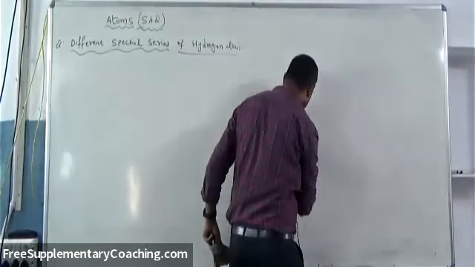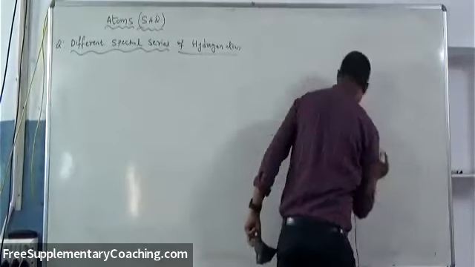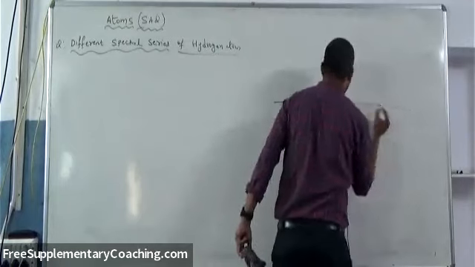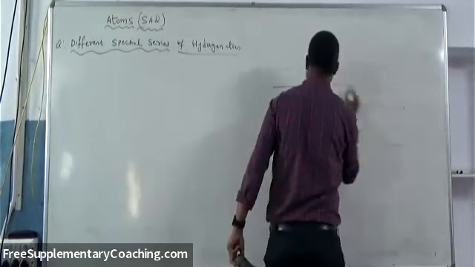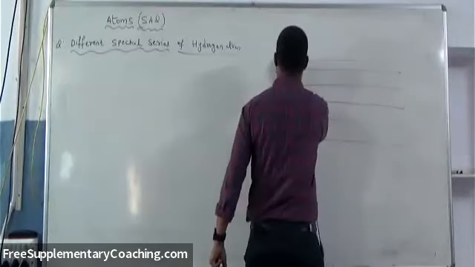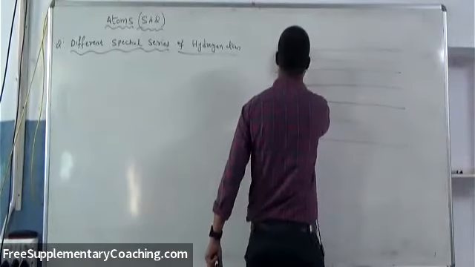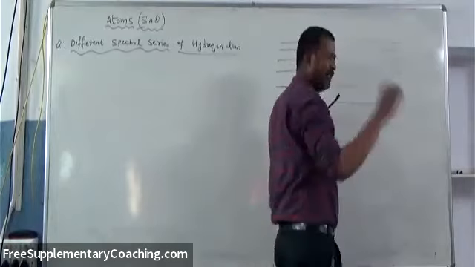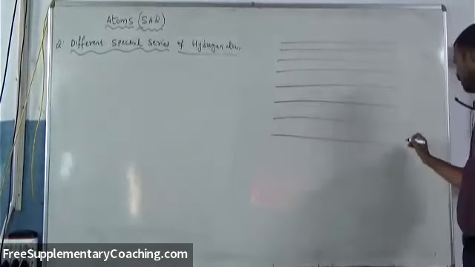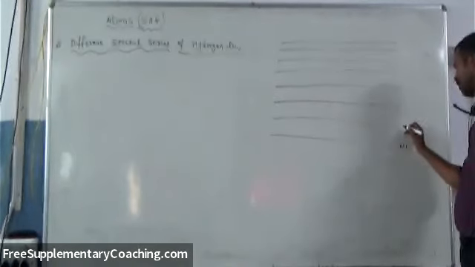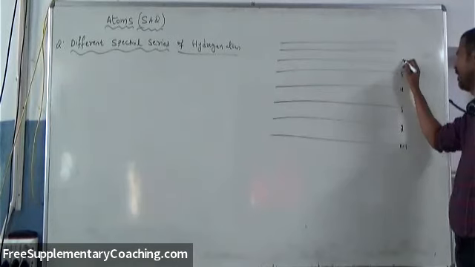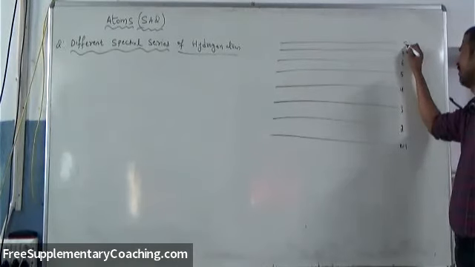So this is first, second, third, fourth, fifth, sixth, 7, 8, and so on. Many energy levels are there, but we have taken a few: n equal to 1, 2, 3, 4, 5, 6, 7, 8.